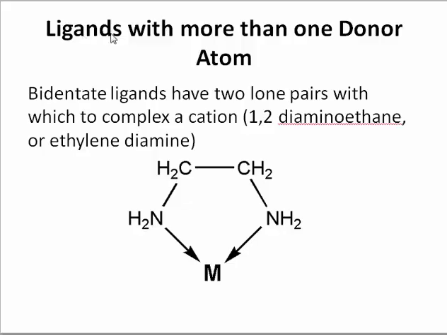A particularly stable variety of complexes is made with ligands with more than one donor atom. In other words, ligands with more than one site within the molecule with lone pairs available. Bidentate ligands, for example, have 2 lone pairs with which to complex a cation. For example, 1,2-diaminoethane or ethylene diamine.